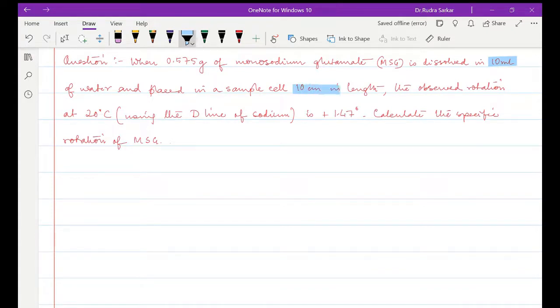The length of the tube is given to us. The observed rotation at 20 degrees centigrade using a D-line, D-line obviously is that 589 nanometer, and that is given to be plus 1.47. We have to calculate the specific rotation of the MSG. So that is what we need to find out.